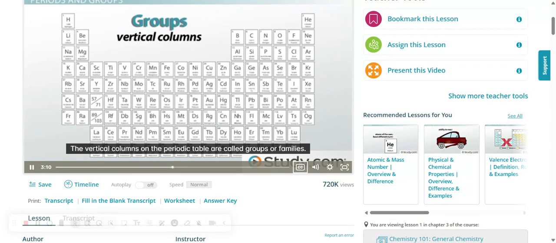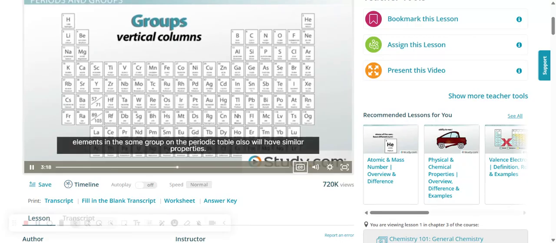Groups probably come in the most handy when predicting the properties of an element. Just like people in a family, they all may share similar traits. Elements in the same group on the periodic table have very similar properties.